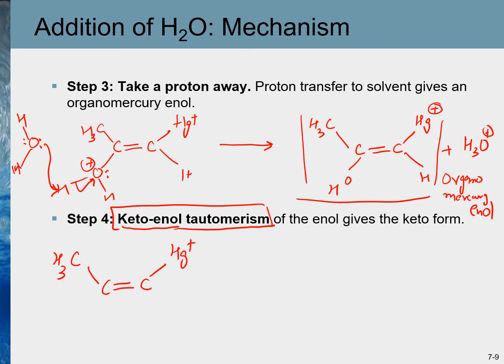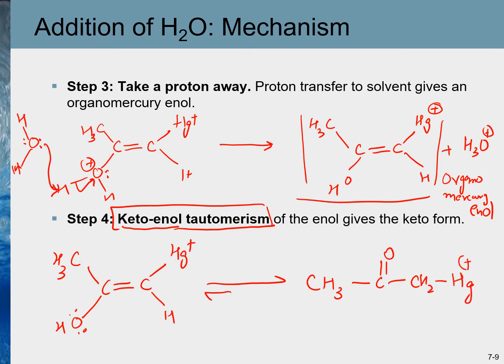In keto-enol tautomerism, the enol transforms into a ketone. And at the end, we will get an organomercury ketone.